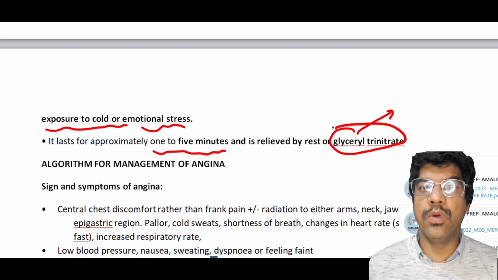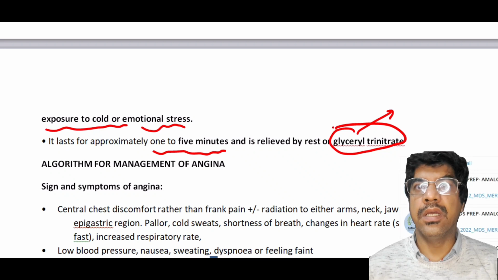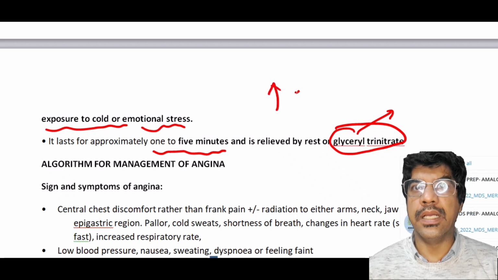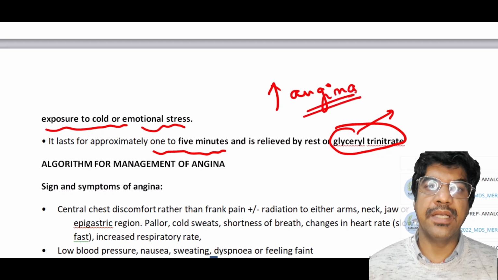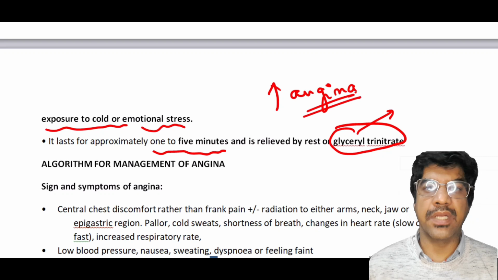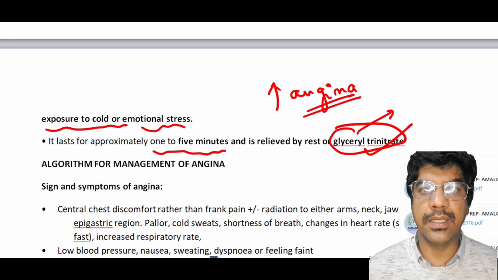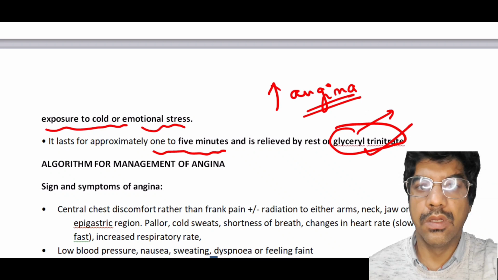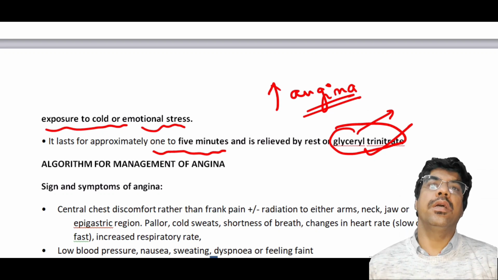Your main goal is to reduce the patient's anxiety during the dental procedure, as stress can contribute to the angina. Ensure the patient has taken any prescribed medication like glyceryl trinitrate or nitroglycerin.